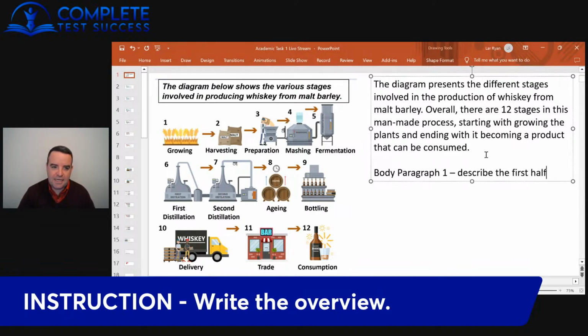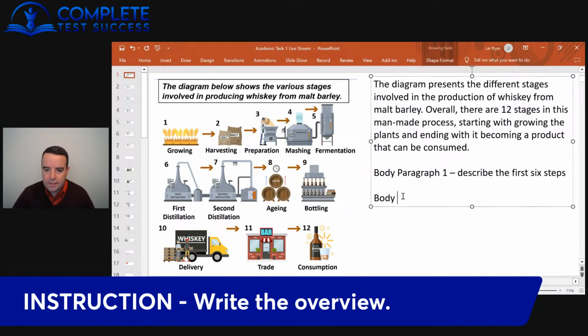It doesn't have to be exactly 6 steps. You might end up writing 5 steps in one and 7 in the other, or the other way around. But I think just to make things easier for our lesson, let's just say describe the first 6 steps.